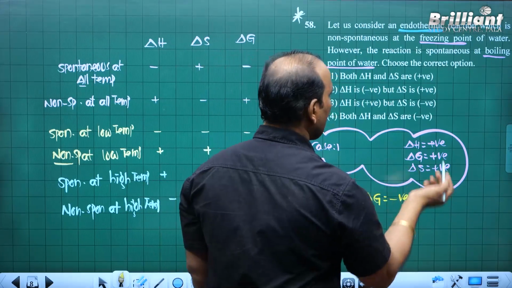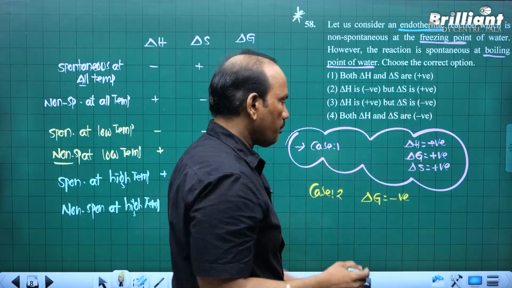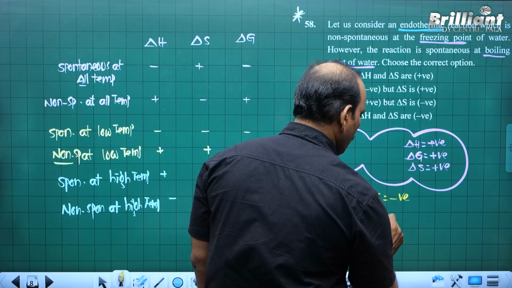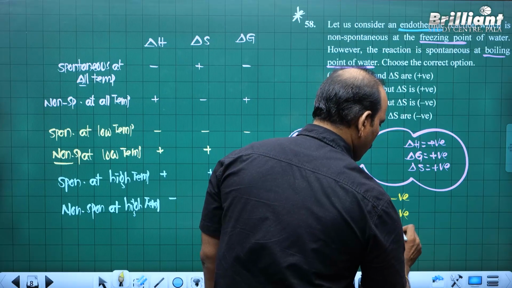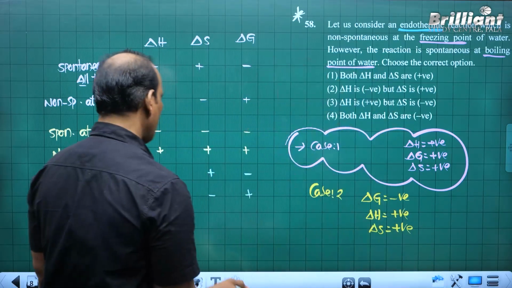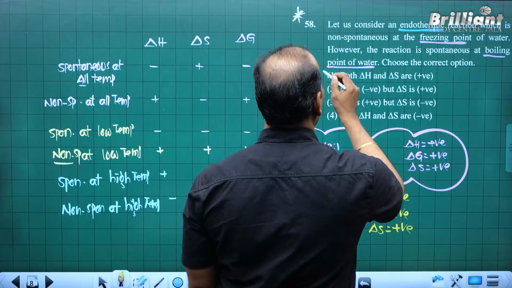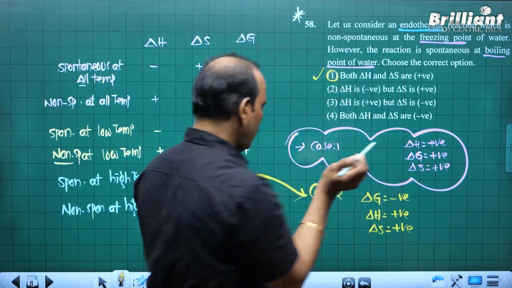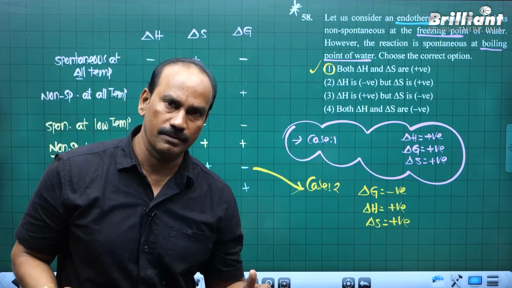Next one, at a high temperature, this is boiling point, that is the high temperature. Delta H equal to positive, delta S equal to positive. What case is this one? So the option is both are positives. Clear? Have you understood? Okay.